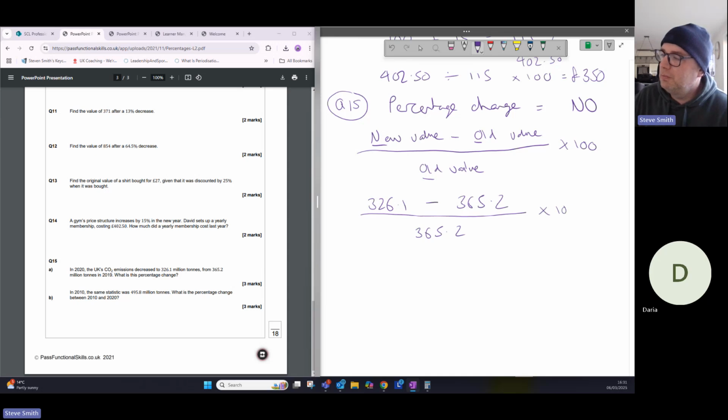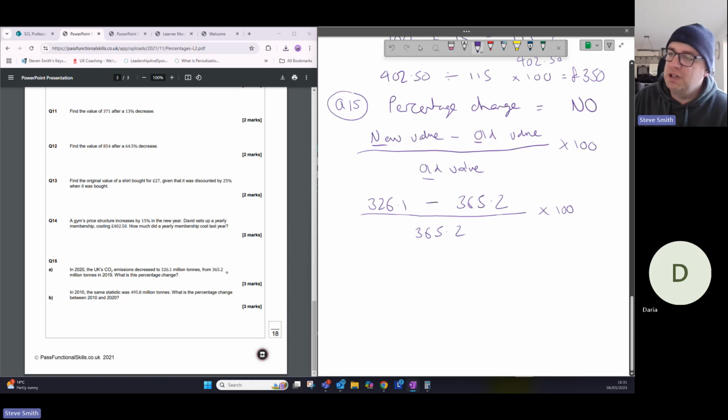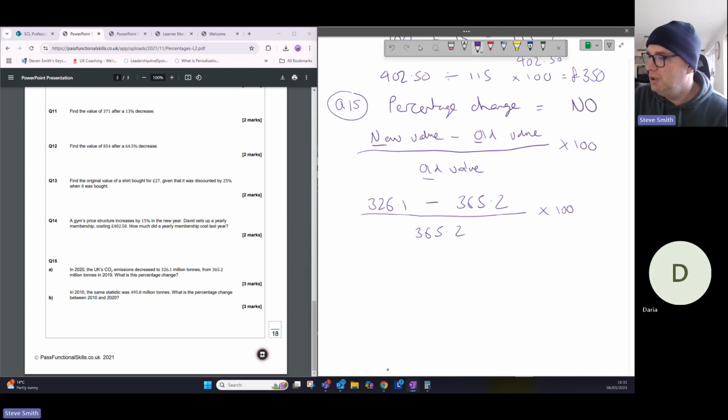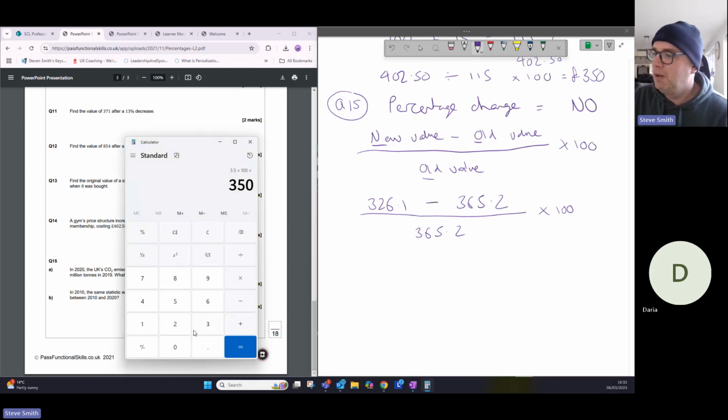The reason I'm not changing these numbers into millions is because my calculator skills aren't great, but it makes no difference because we'd be making both those numbers into millions, so it comes out exactly the same answer. So do as it shows you on there, unless it tells you otherwise, but it doesn't tell us. So let's use those numbers exactly.